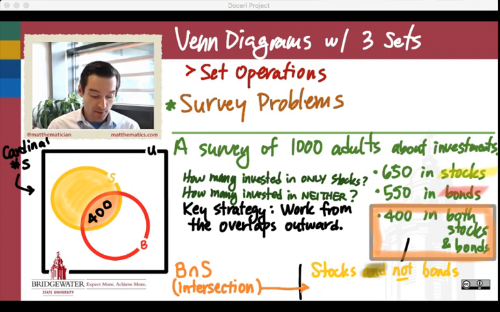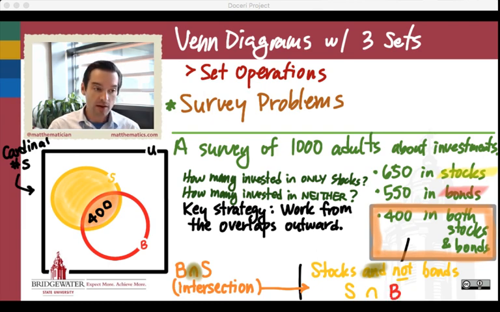And so that indicates that we're also dealing with another intersection, if we want to express this using notation. It's going to be the intersection this time of S with the set of people who are not invested in bonds. And the set of people in the Venn diagram who are not invested in bonds is everybody outside of the red circle.